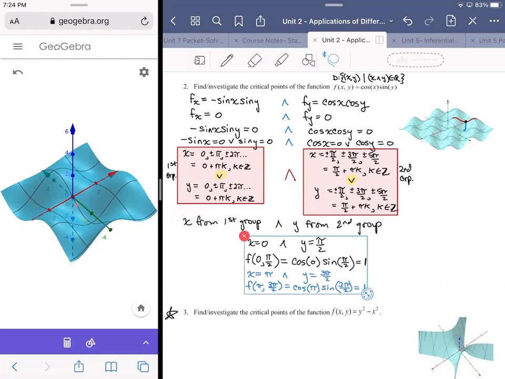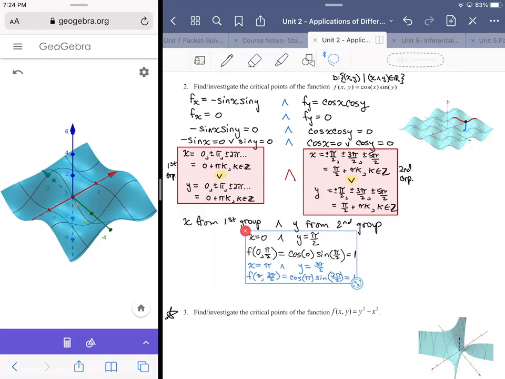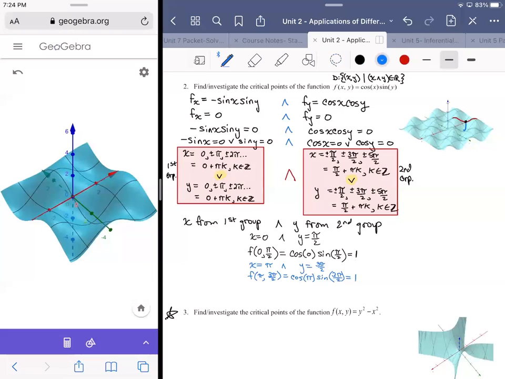All right, because I don't want to be caught out in the rain here. So let's try x equals pi. I'm going to keep that as x equals pi, but this time let me go with y equal to pi over 2. So I advanced x by pi units from 0, but I kept the original y.